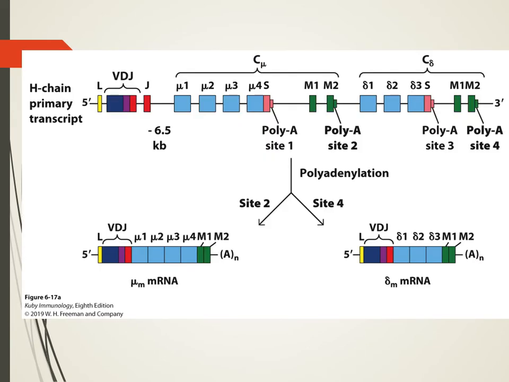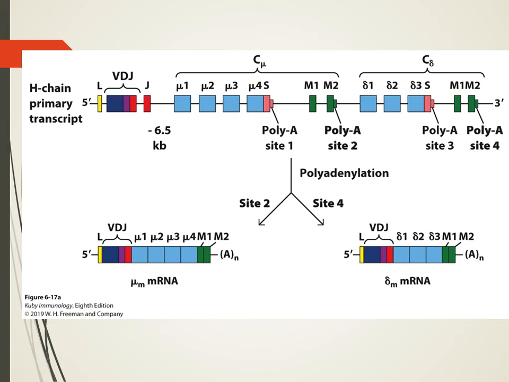So again, as you can see here, we have our VDJ that has been selected for. We've removed all of those nucleotides in between, thanks to RAG1 and RAG2. And then we have these two constant regions that are present. One would code for IgM, and the other is going to code for IgD.